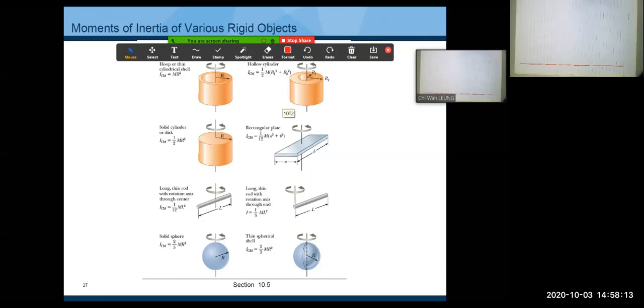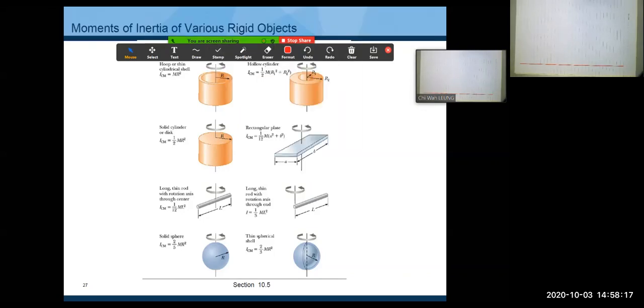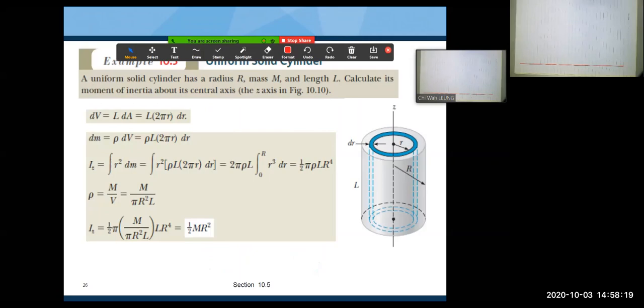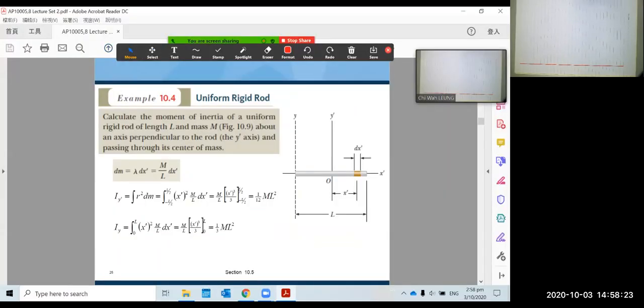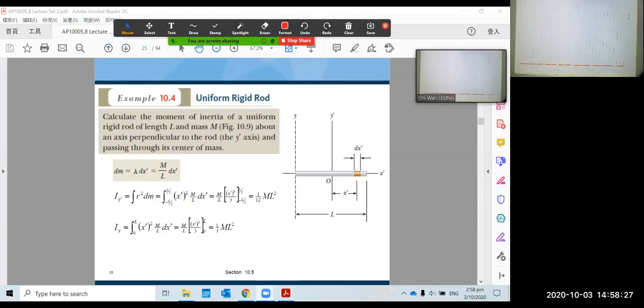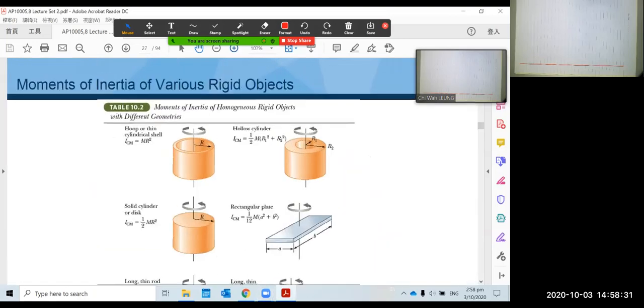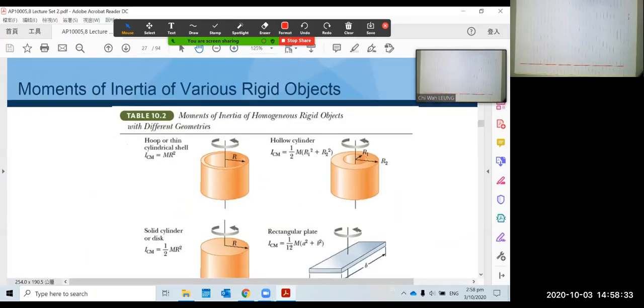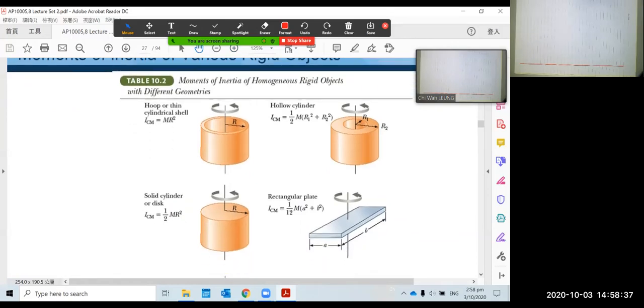Here, let me try to magnify a bit. You have a moment of inertia about the long axis for the cylinder.